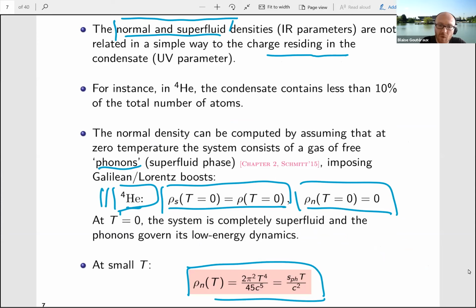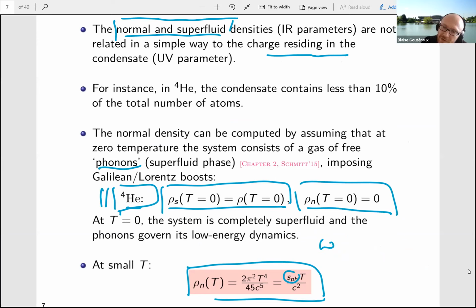You find that at small temperatures, rho n is given by some prefactor times T to the 4, which is exactly equal to the entropy of the phonons times temperature divided by c squared, where c is the velocity.